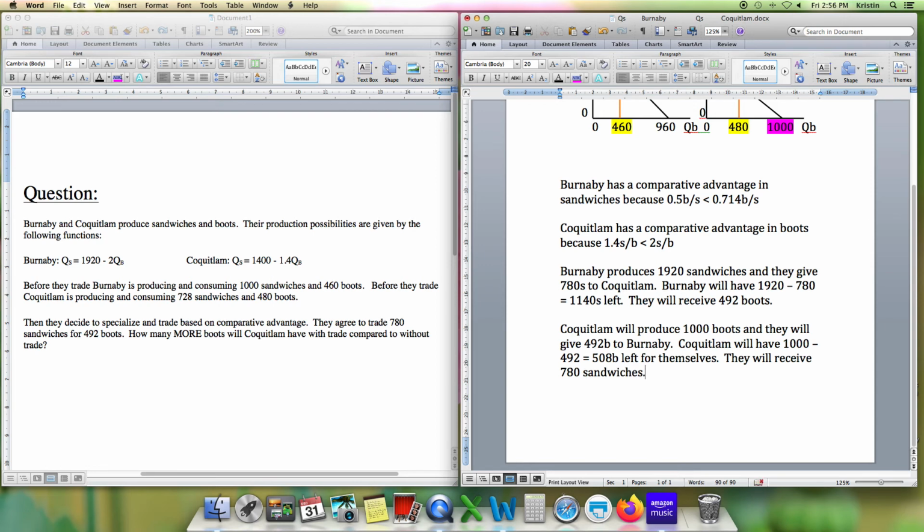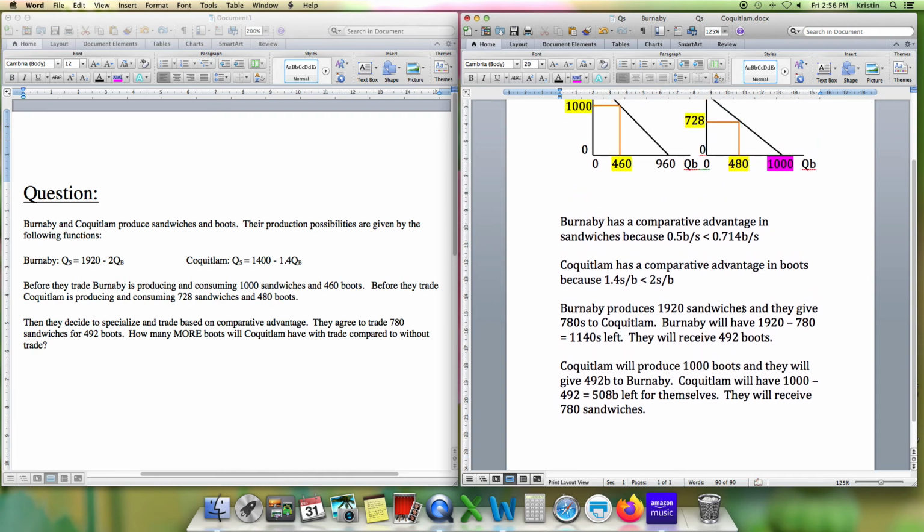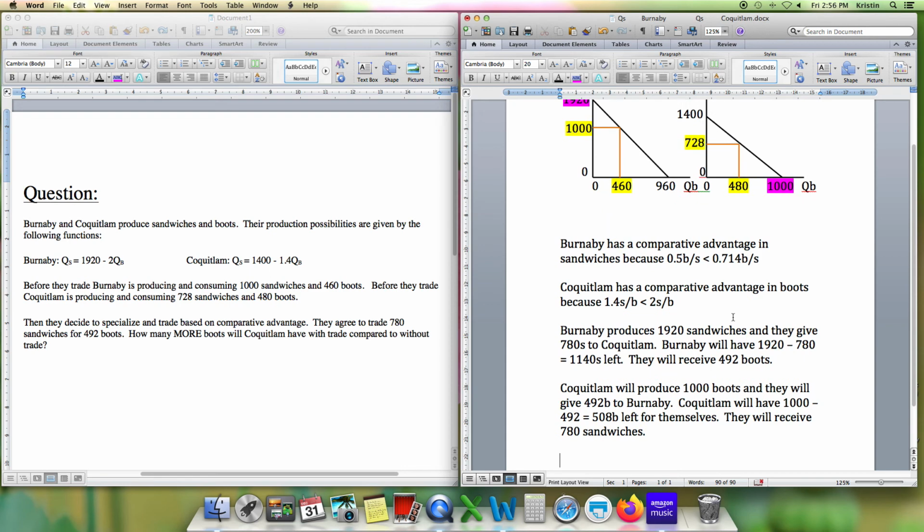Good. All right. So now, first of all, notice that both of the cities get more than they had before. So Burnaby has 1,140 sandwiches, whereas before trade they only had 1,000. And boots, they get 492, which is more than what they had before, which was 460.